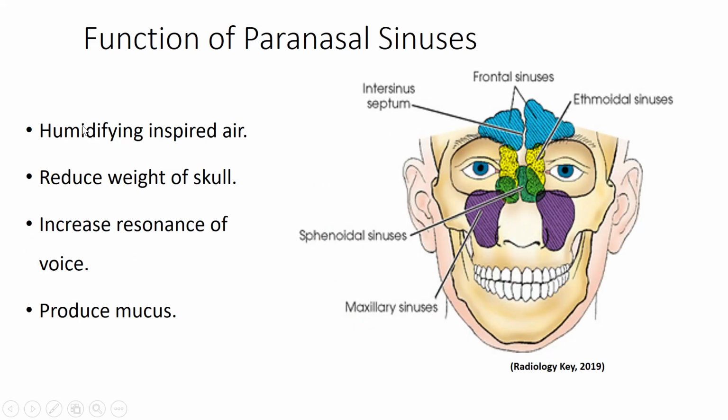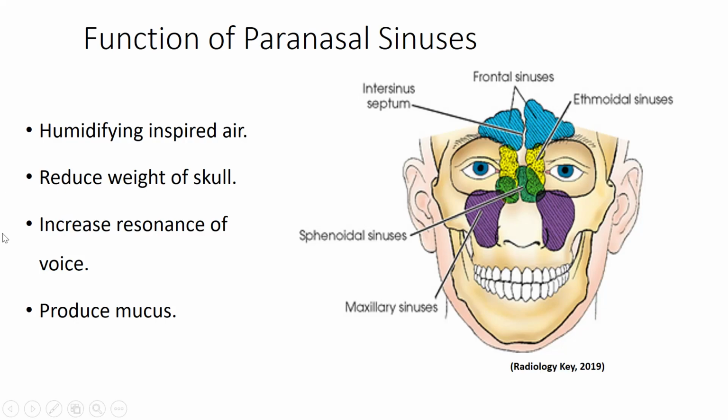The functions of the paranasal sinuses are debated, and it's thought that they will help by humidifying the inspired air. They will help to reduce the weight of the skull, as they are spaces in the bones rather than a mass of bone.